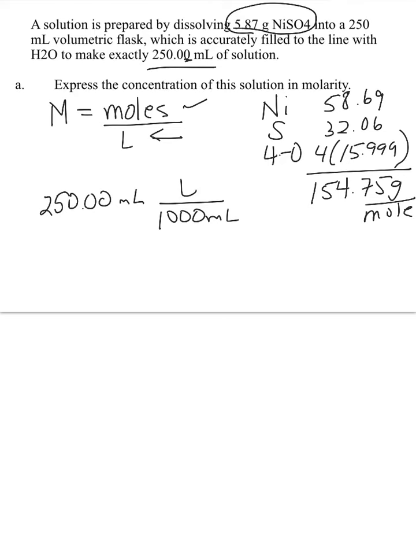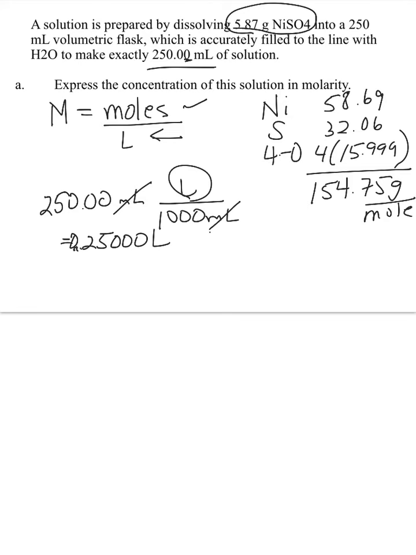Now I wrote it this way with the milliliters on the bottom and the liters on the top because I was thinking ahead to my units, and I was thinking about dimensional analysis and the fact that I want my milliliters to cancel so that I get my answer, the volume, in liters instead of in milliliters. So 0.25000 liters is the same thing as 250 milliliters.